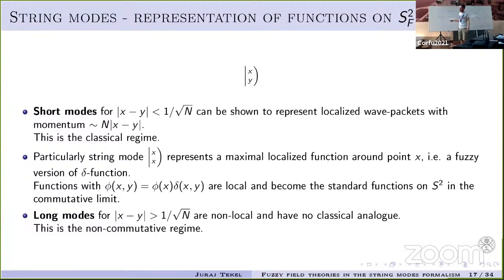Those are objects that become the standard commutative functions on the sphere in the commutative limit. On the other side of the spectrum, when x and y are far from each other, then this has no classical analog, and this truly is a non-commutative regime of the theory leading to non-commutative effects.